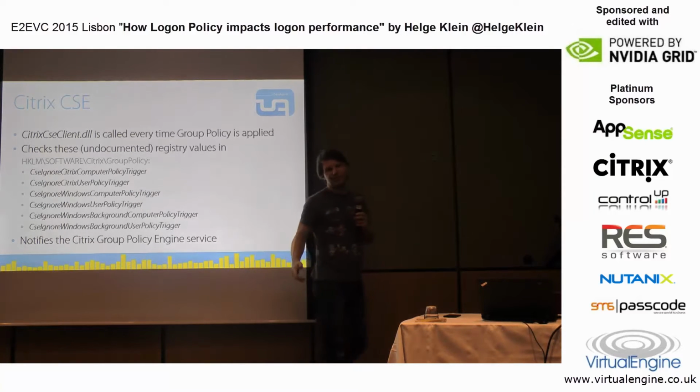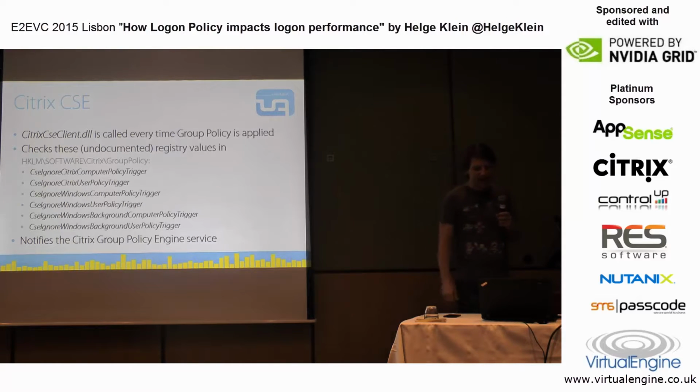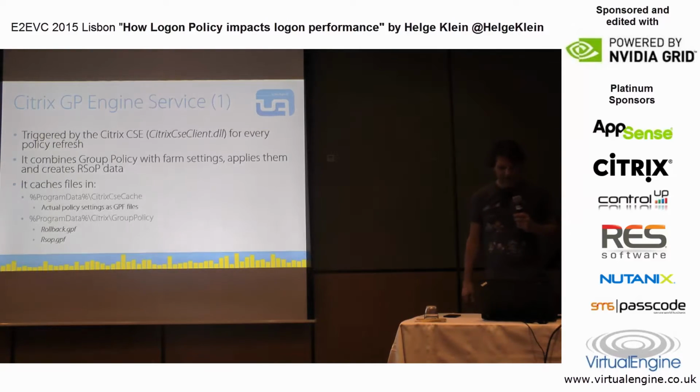You might want to play with that if you want to hack the way Citrix policies are being processed. And this Citrix DLL notifies the Citrix group policy engine service I mentioned earlier, and the service does the actual work.